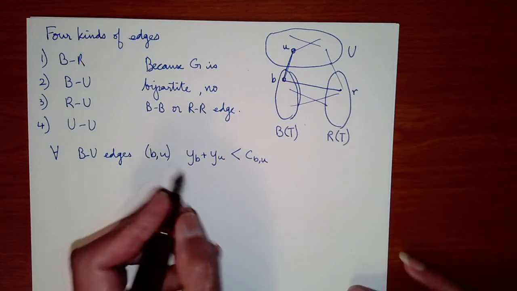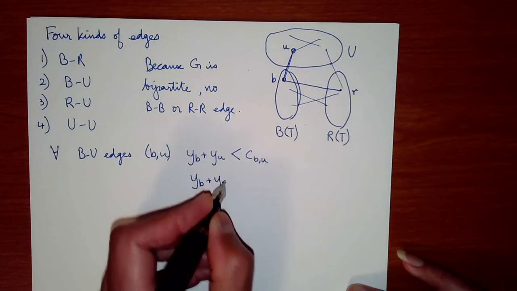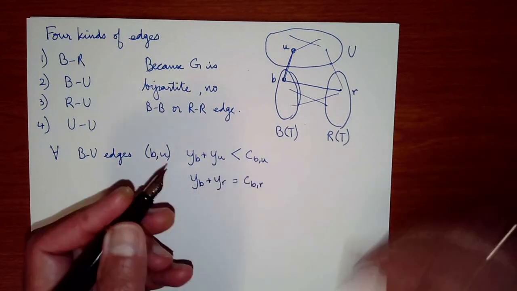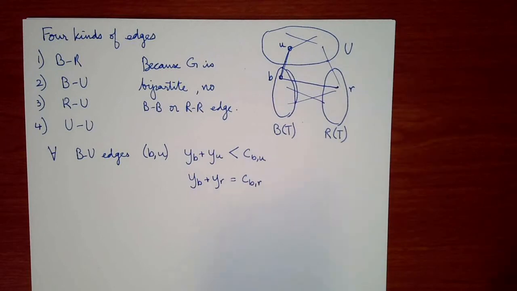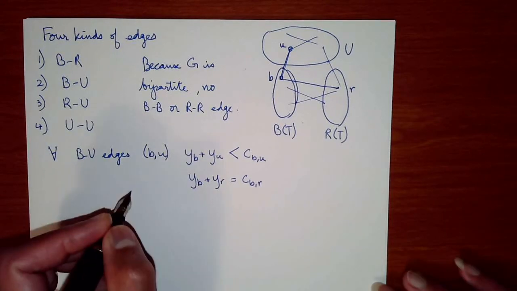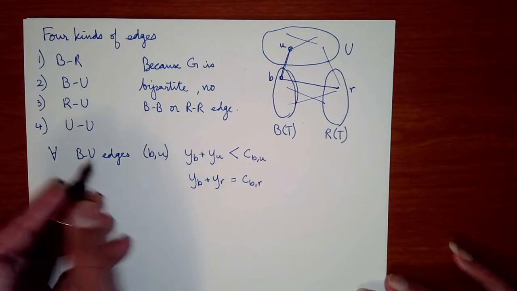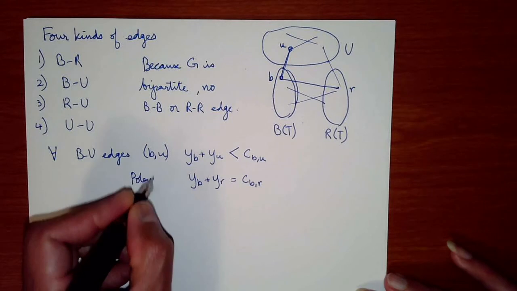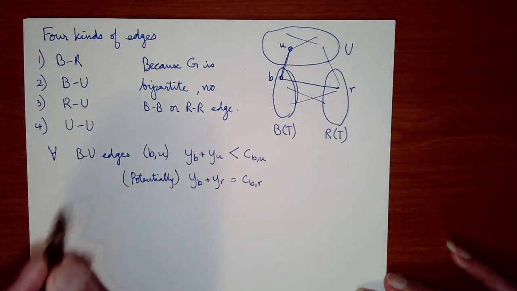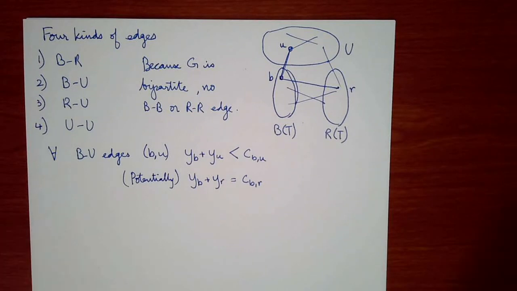I'll write this on. So you have yb plus yr. This is equal to cbr, right? This is going to be an equality edge because it's in the alternating tree. Or it's potentially. You may have these other edges as well which don't, but let's say potentially you have this. So if you increase yb, then what should you do?